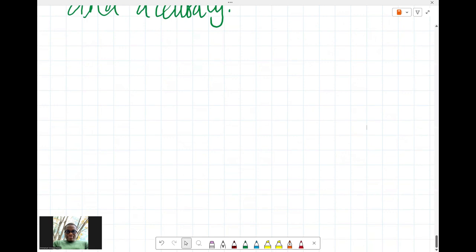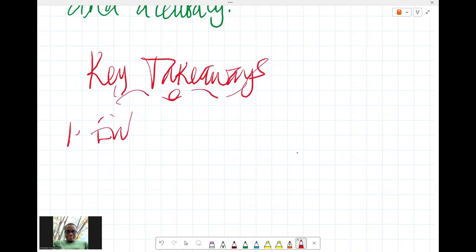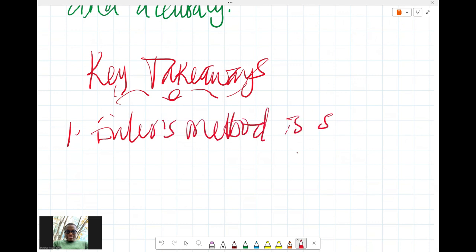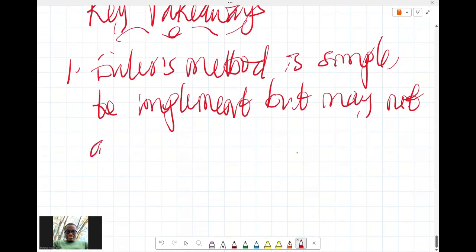So, all right, let's look at some key takeaways before we leave this. Key takeaways. So first of all, Euler's method is simple to implement, but may not always be stable.